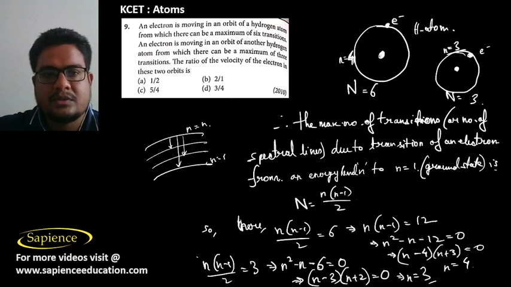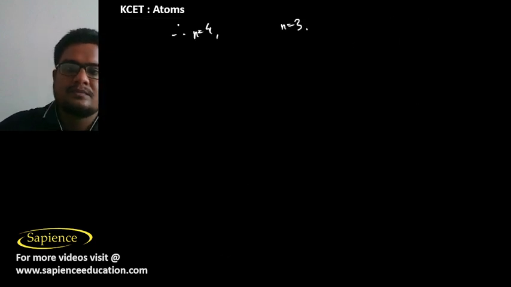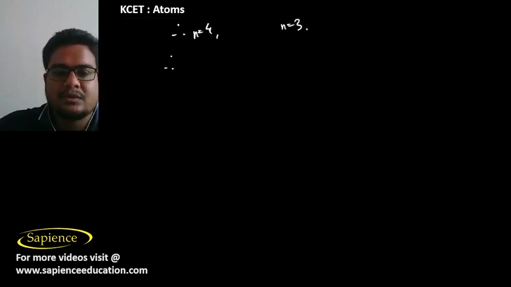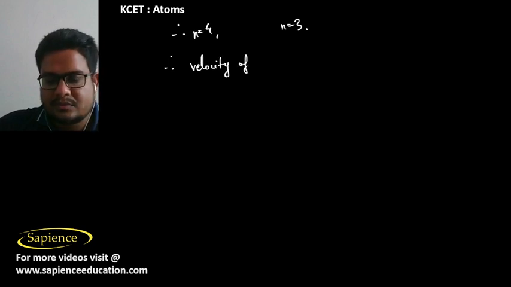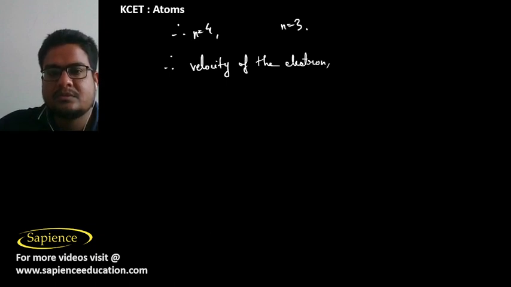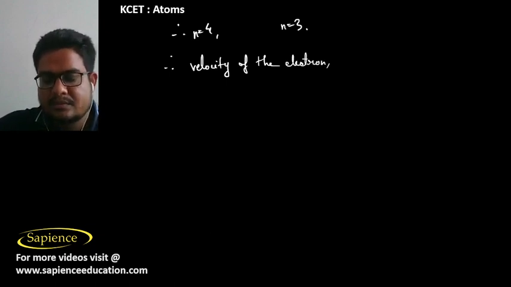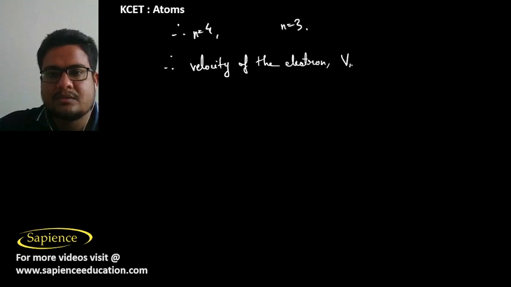Now the velocity of the electron. We know that the velocity of the electron in an orbit, the velocity v in the nth shell, is inversely proportional to n.